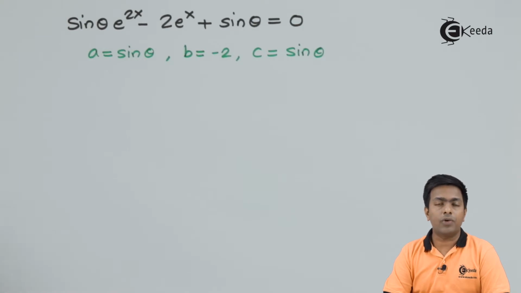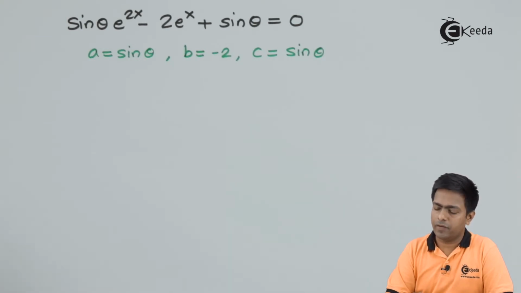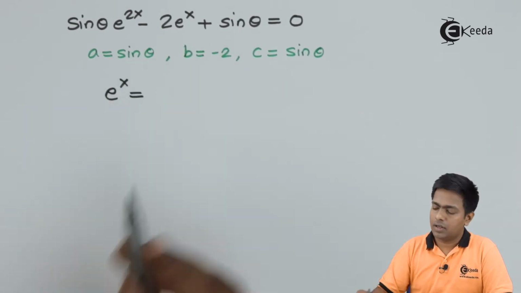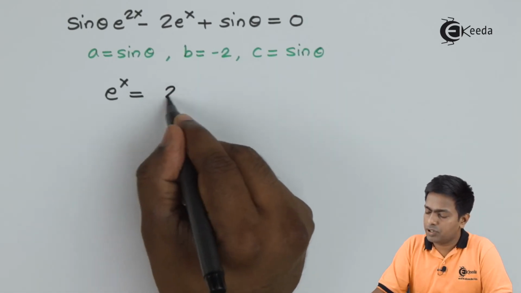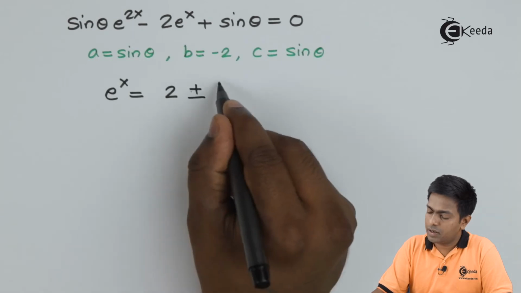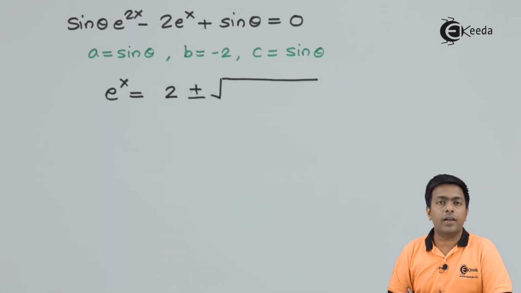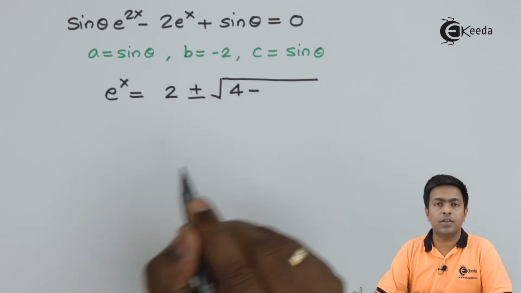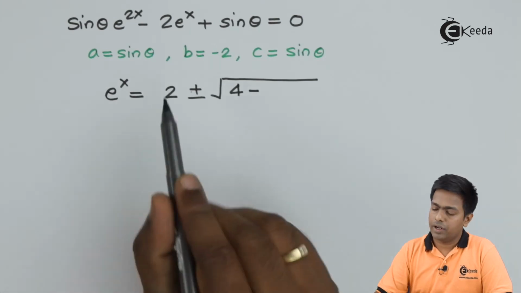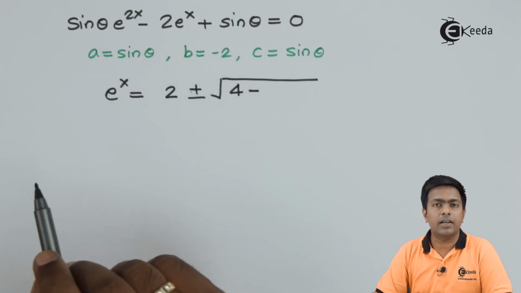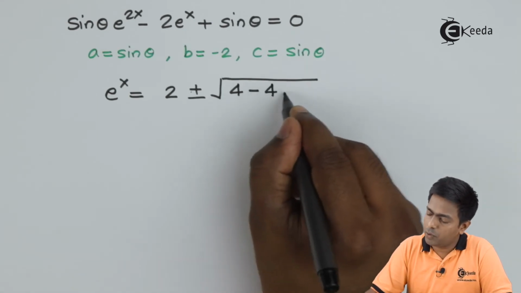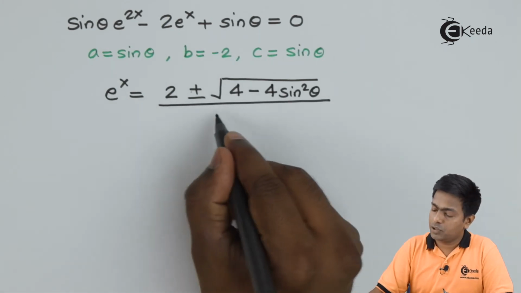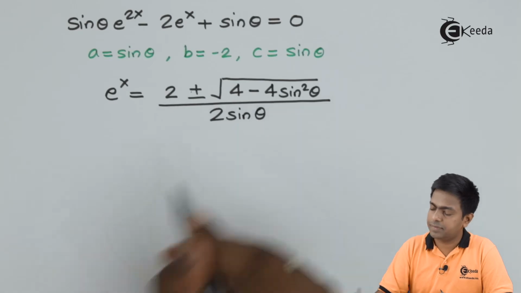Now we'll find out the roots of the quadratic equation. So here we'll write e to the power x equal to minus b, so that will be positive 2, plus or minus under root b square minus 4ac. So square of minus 2 is 4, minus 4ac, so 4 into sin theta into sin theta, that is 4 sin square theta, upon 2a, so that is 2 sin theta.